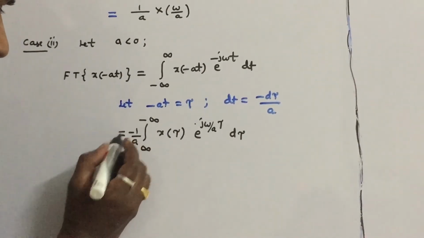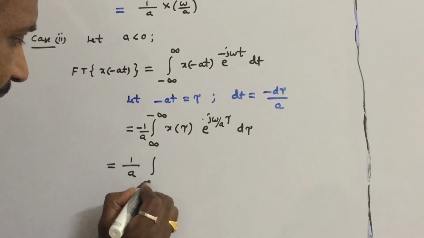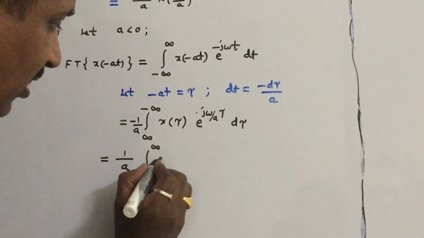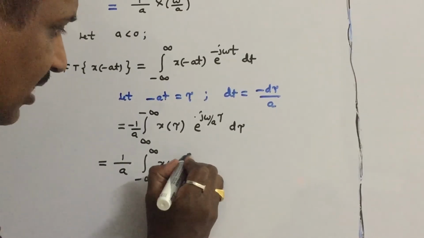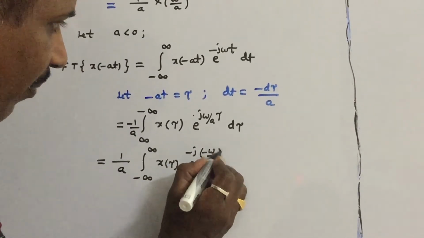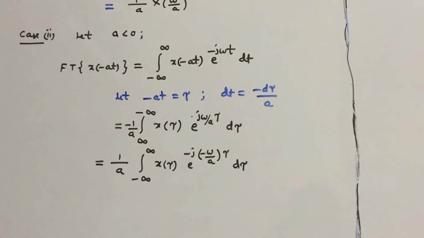Interchange the limits and the minus sign will cancel out. So this is written as 1 by a integral from minus infinity to infinity x of tau, and I add a minus sign here, minus j as per the definition, minus omega by a tau d tau.